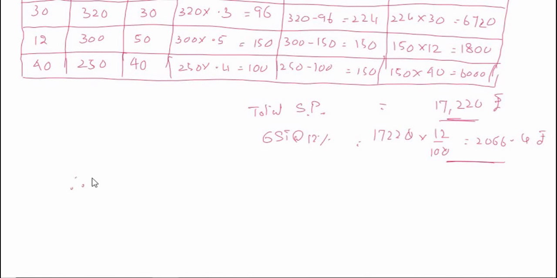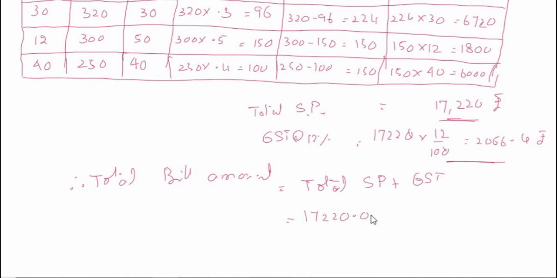Therefore, total bill amount, that is total SP, total selling price plus GST. So it is 17220 plus GST is 2066.4.